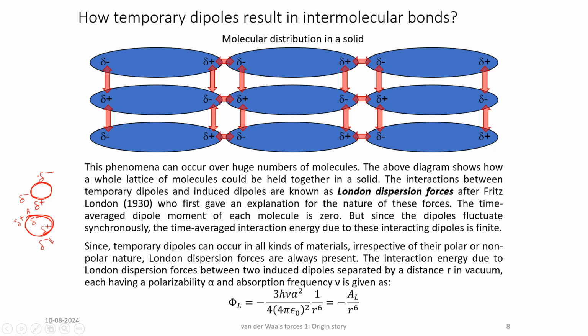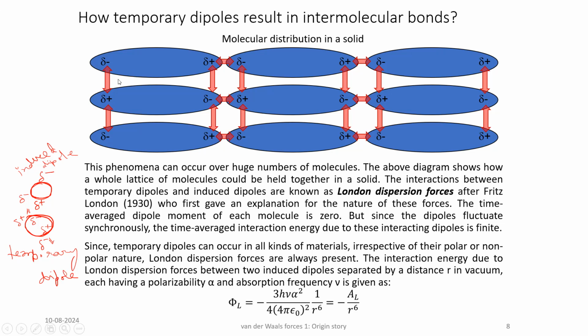That is how the two particles continuously interact. One is a temporary dipole, and the polar particle it influences is called an induced dipole. Dipole means it has two polarities, one side plus and one side minus.